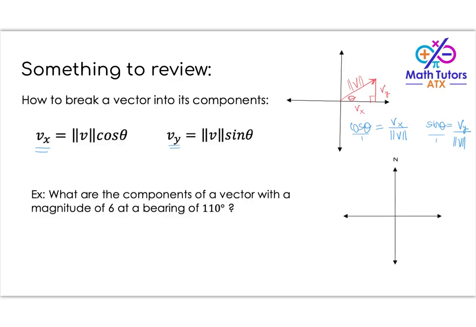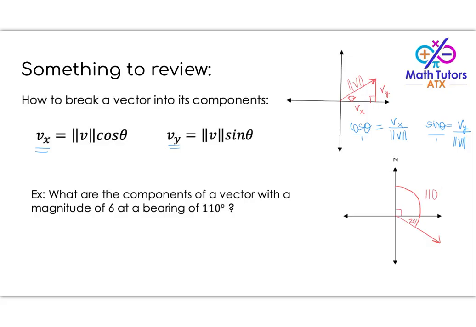So let's go ahead and find the components in this example here. It says I have a vector with a magnitude of 6 at a bearing of 110. So this is a bearing. So we just learned, remember, this is from north and we go clockwise. So that's 90, and then I need to go another 20 to hit 110. So again, that would be the 90 part, that would be the 20.